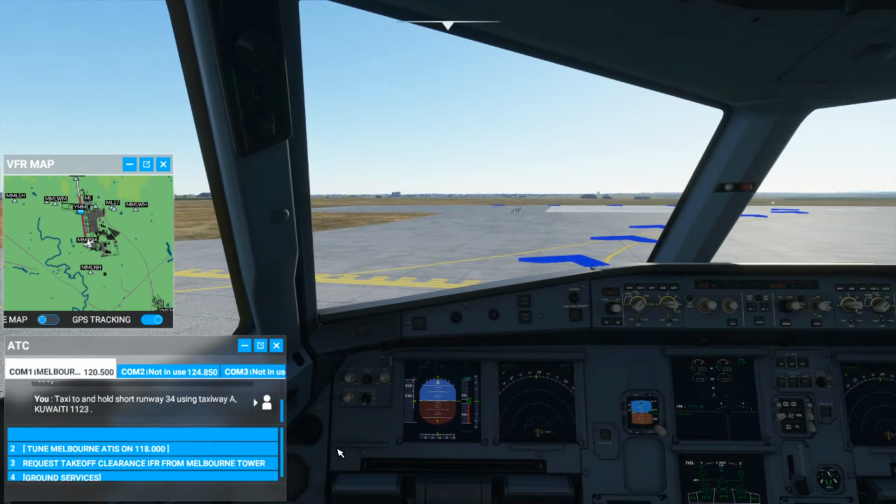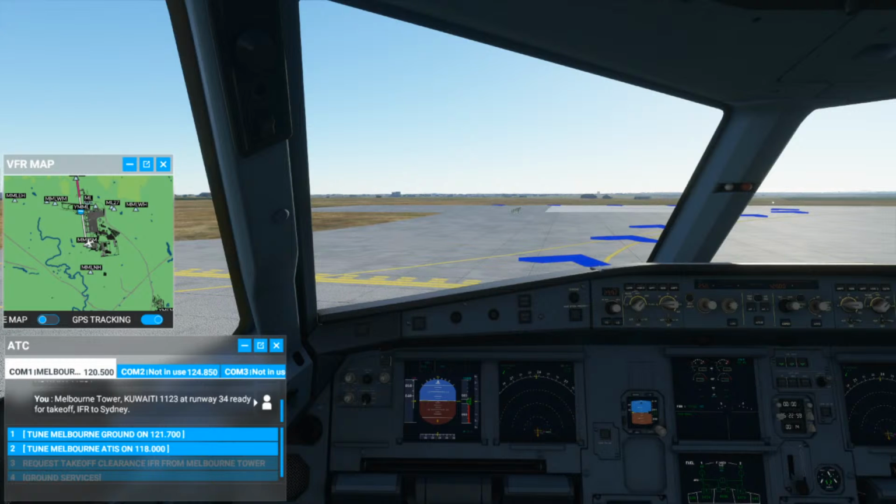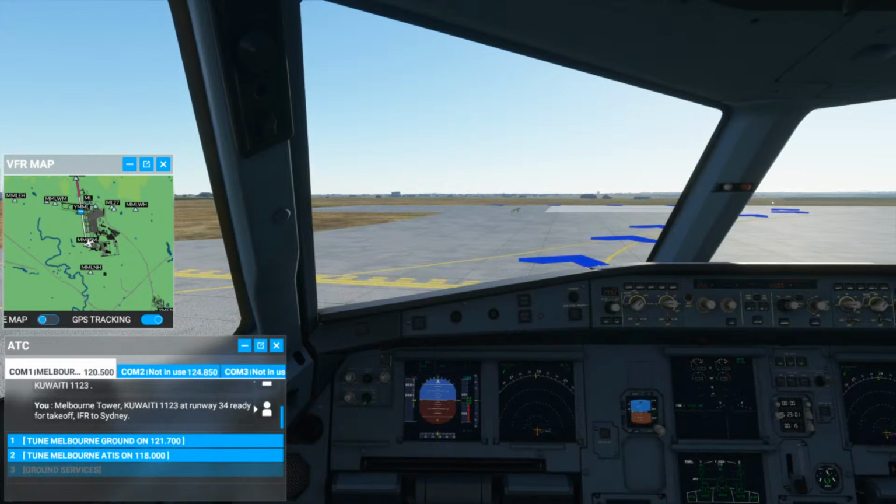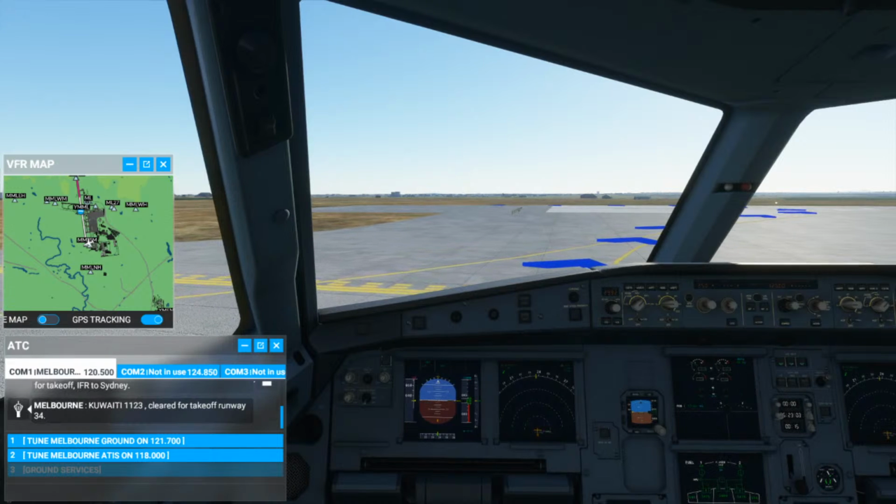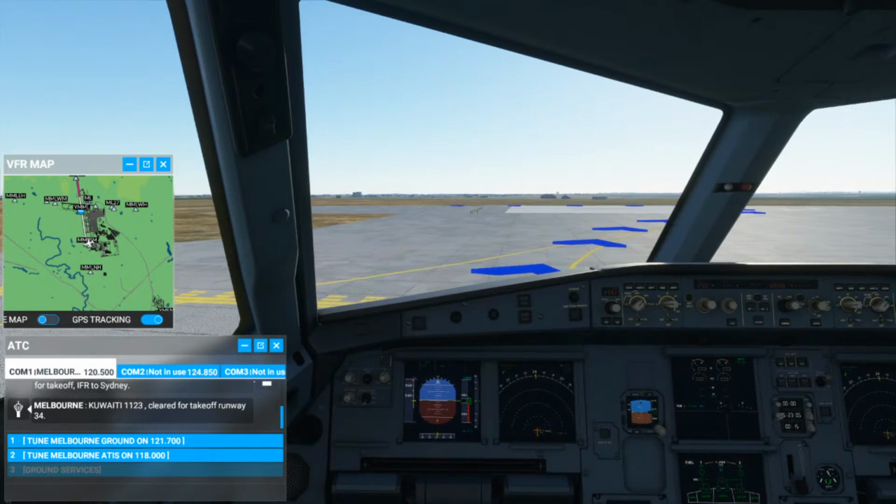Okay, let's first get takeoff clearance. Melbourne Tower, Kuwaiti 1123 at runway 34 ready for takeoff via water to Sydney. Kuwaiti 1123 cleared for takeoff runway 34.